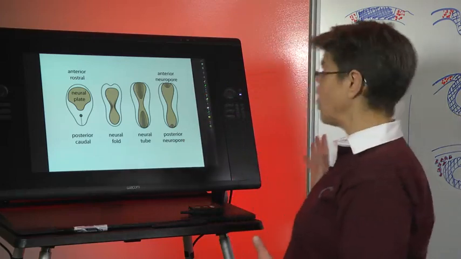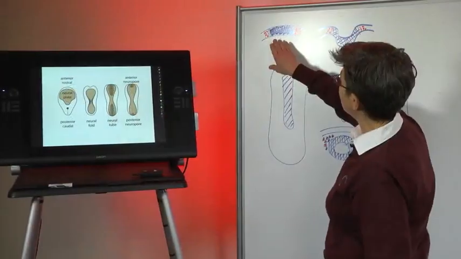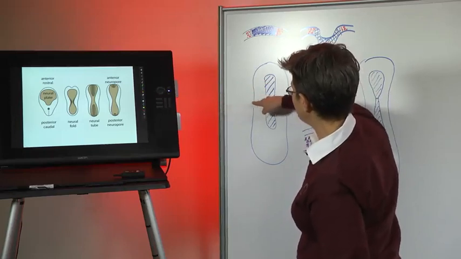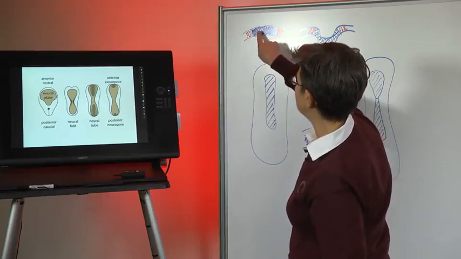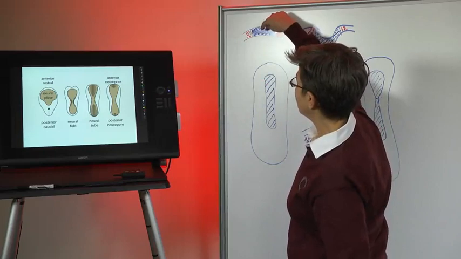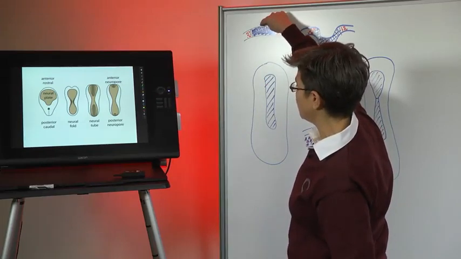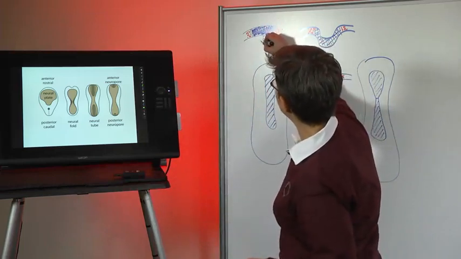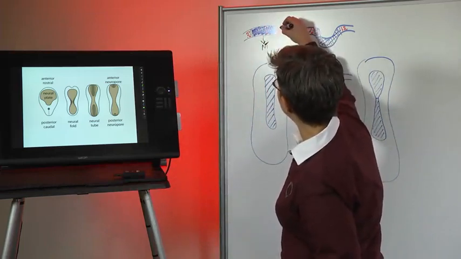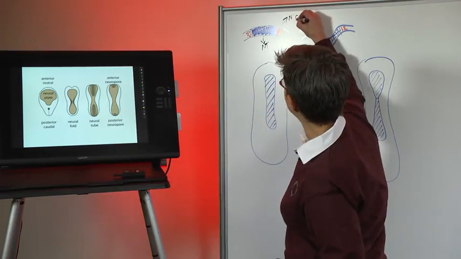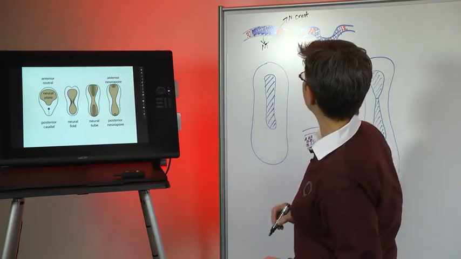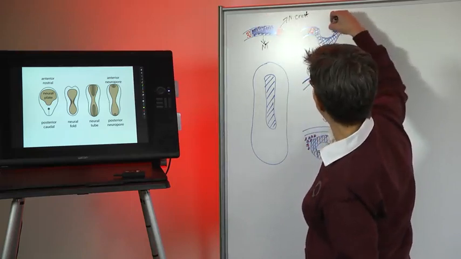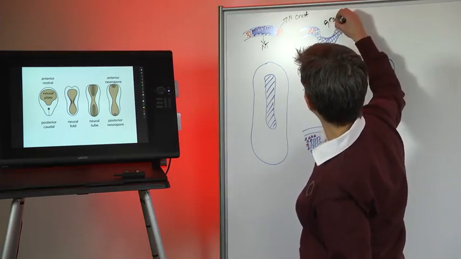And if we can now go over to the board, what I've drawn here is a cross section through the embryo. So if we took a cross section right here, what we'd see is our neuroectoderm, with the part of the neuroectoderm that's going to become central nervous system, neural tube, and then the part that is going to become neural crest in red. And this starts to invaginate, and you get this kind of a groove.